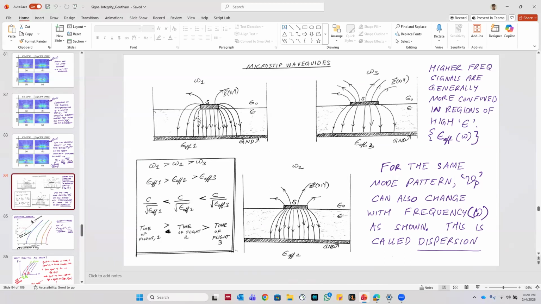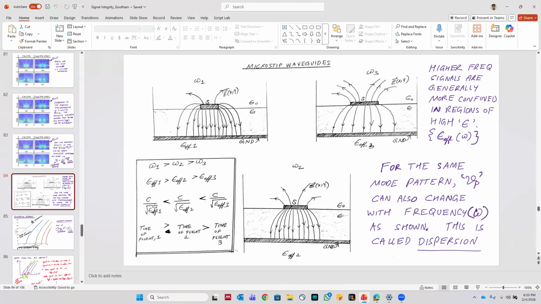But the speed of the signal is basically speed of light over square root of epsilon, right? Because the speed of light is 1 over square root of mu epsilon, and so 1 over square root of mu naught epsilon is the speed of light in vacuum, c. So from that you get the speed in any material is c over square root of epsilon effective, right?